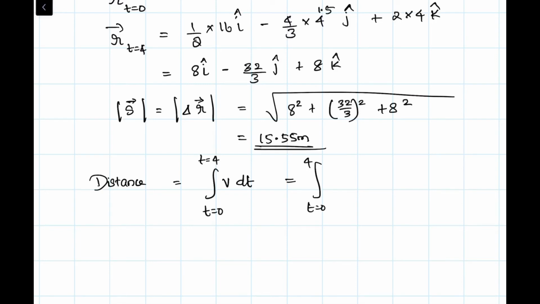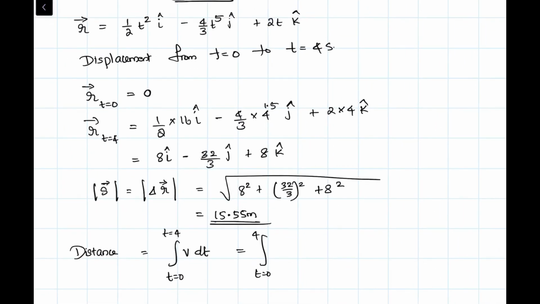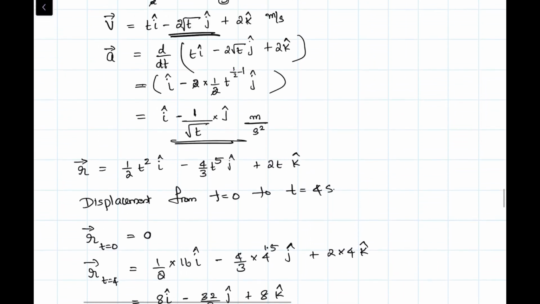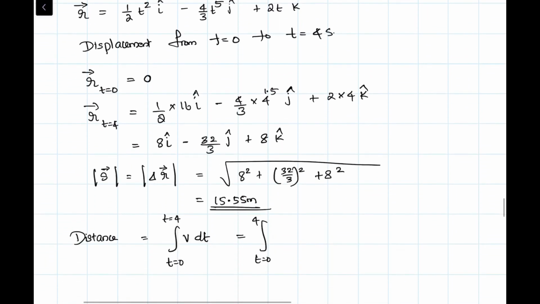What is the velocity term? This is a mathematical trick that we have to do here. Let's take the velocity term from above, which is ti minus 2 root tj plus 2k.